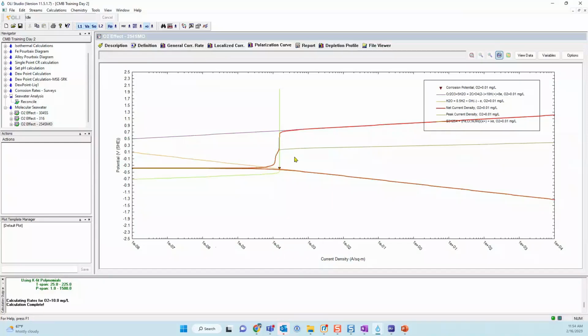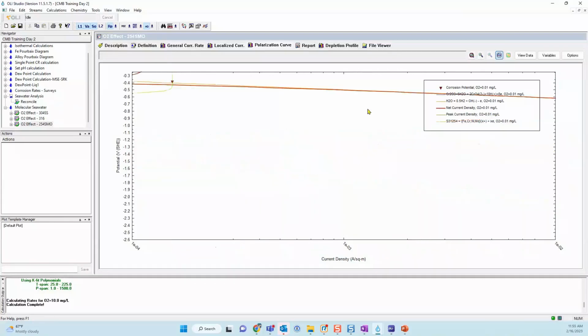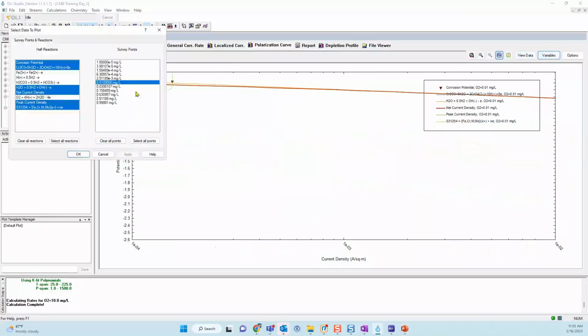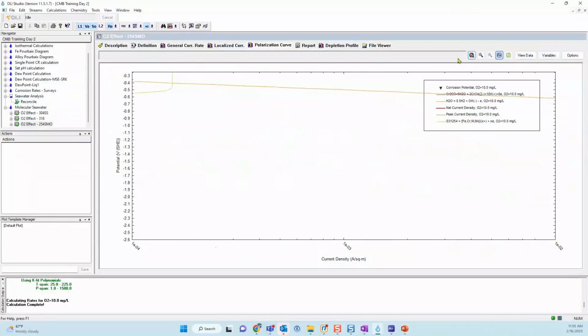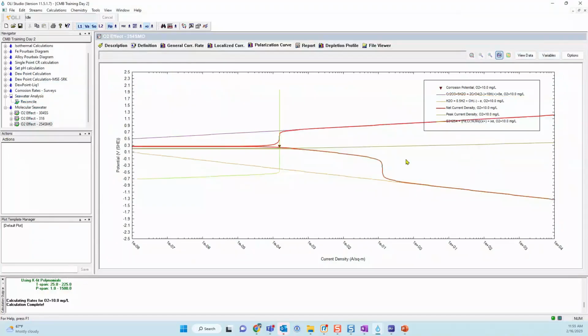But if we have localized corrosion damage, then we would need to see the opposite. We would need to see that the repassivation potential value, the 10 to the minus 2, that crosses this red curve here, needs to be lower than the corrosion potential. So if we go to the 10, which is where we have localized corrosion, that's what we would see. And you'll see this is the peak current density again.